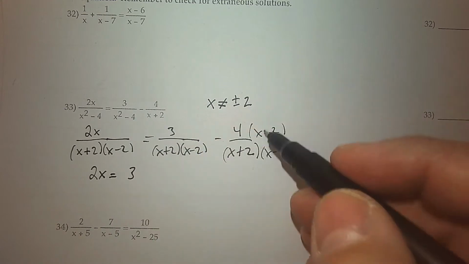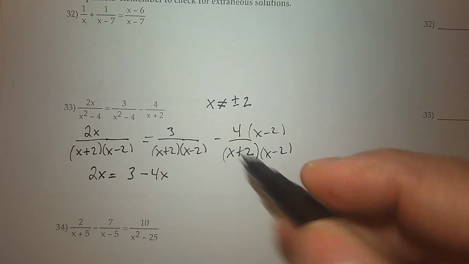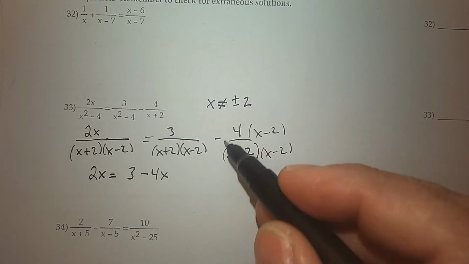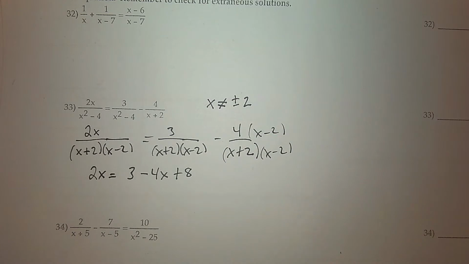Now, for this last numerator, I'm going to distribute. So when I distribute, that's negative 4 times x, and negative times the negative, which is plus 8. And that's what I'm going to solve. When the denominators are the same, solve just the numerators. And now you can recognize it's linear. Just combine like terms and solve it.